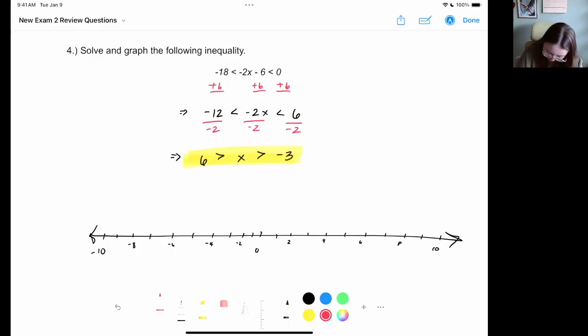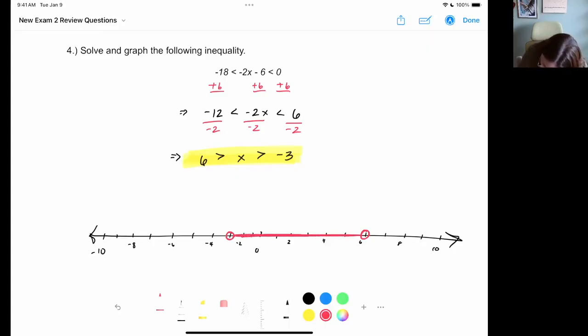So we'll do our open circle here. We'll have one at 6 and one at -3. And now we're saying that x will exist anywhere in between -3 and 6 because x is less than 6 but bigger than -3. So we just want to color in everything in between.